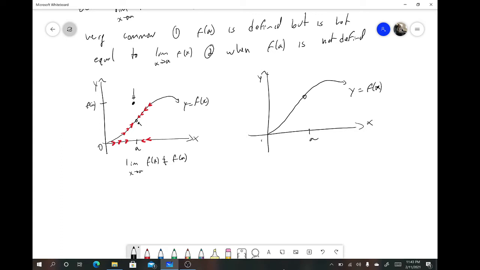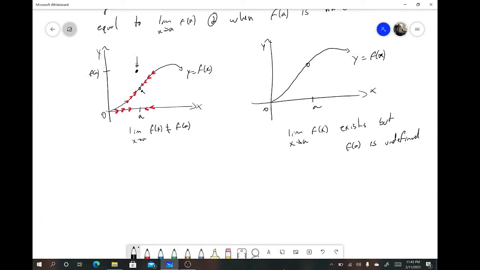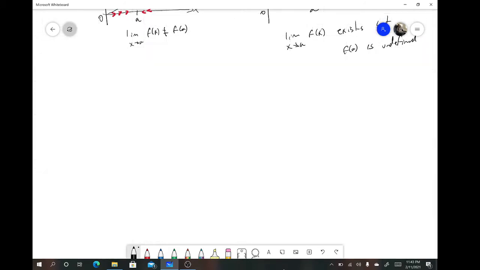Okay, so this one, the limit as x goes to a of f of x exists, but f of a is undefined. And this could happen with rational functions. With rational functions, the limit can exist, but the value at which it exists may be undefined for the function. So let's see a couple of examples of this.